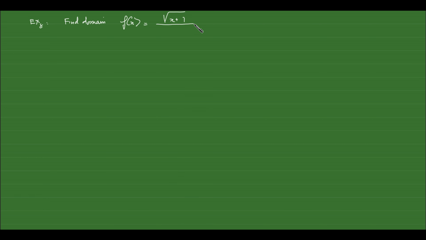At the bottom, I have a denominator, x minus 2, and another radical, x plus 2. There you go. Let's see how we do that. This is more complicated, huh?